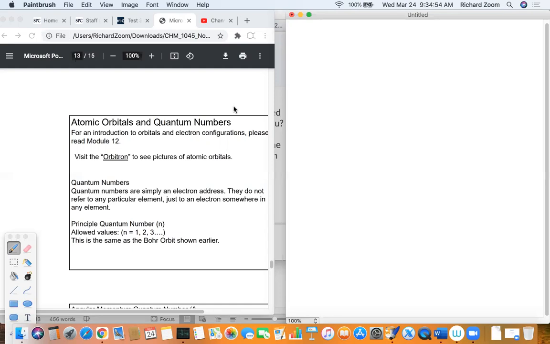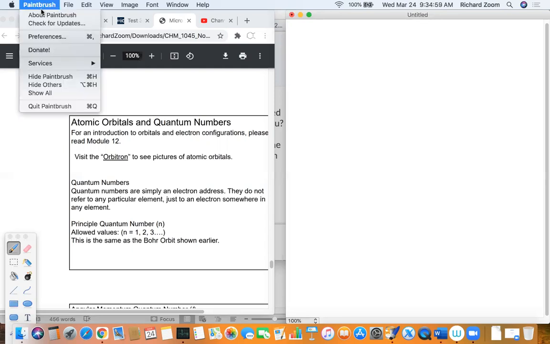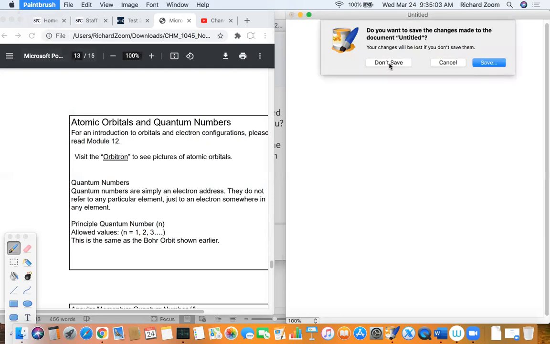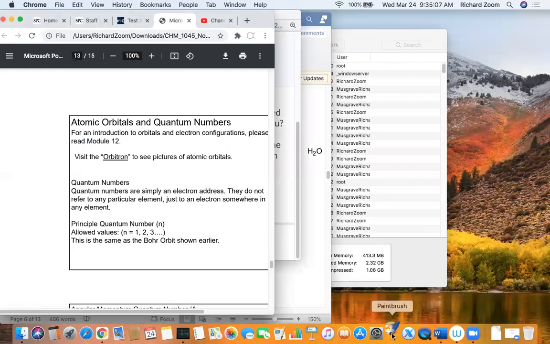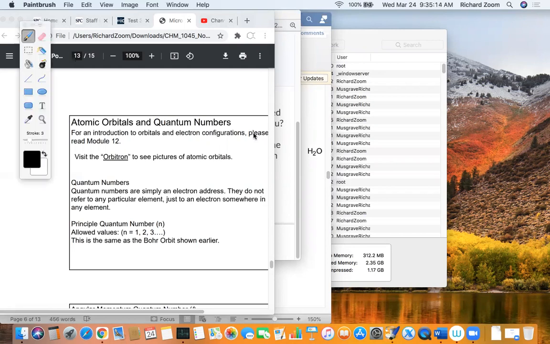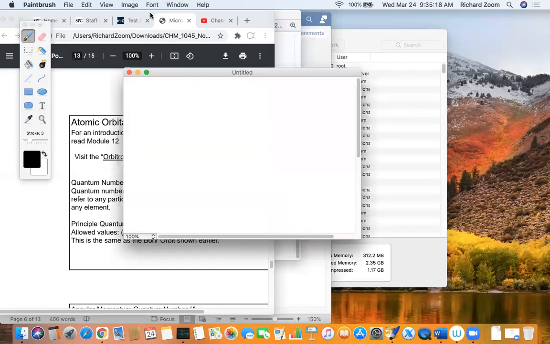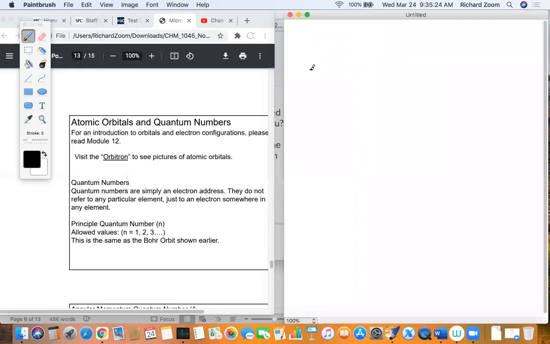All right, I'm going to close this program down and reopen it. For some reason, my tablet's not working here. My writing tablet.